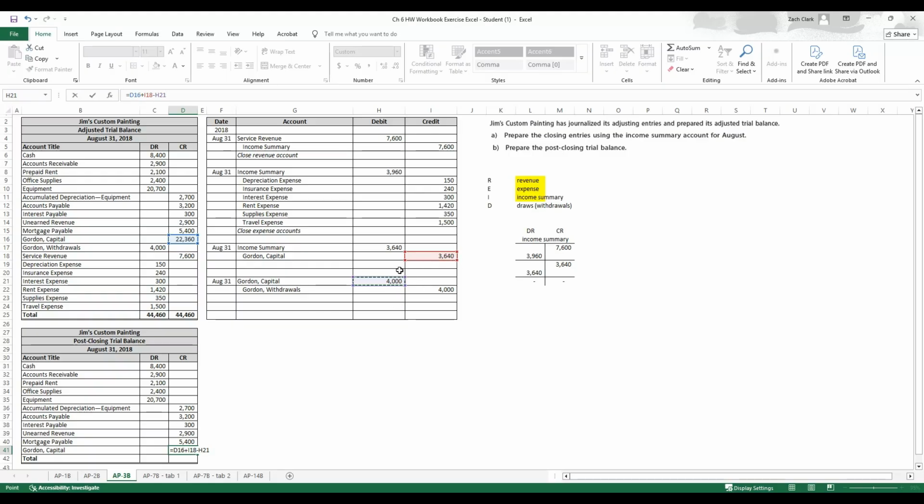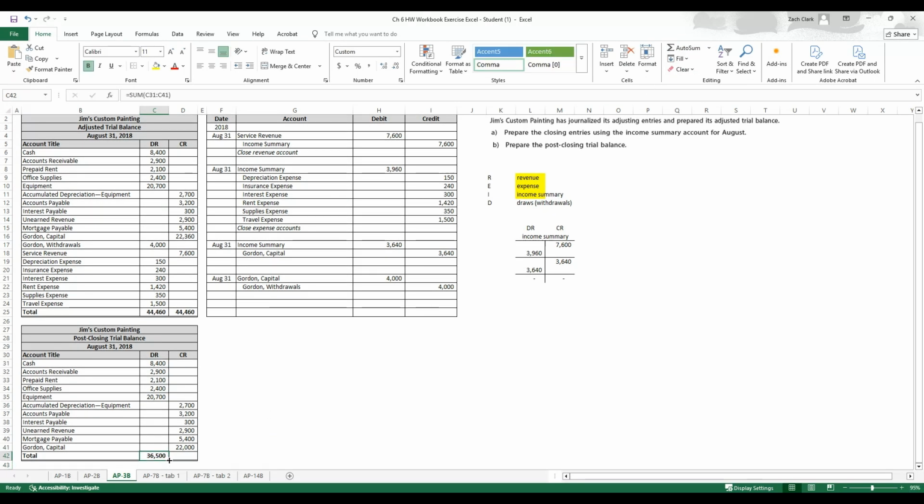The net effect is that capital is going to go down by $360. So increase, decrease. We took more out of the business in terms of the owner taking money out than we earned in this period, and so capital is going to decrease a little bit, down to 22,000 there.